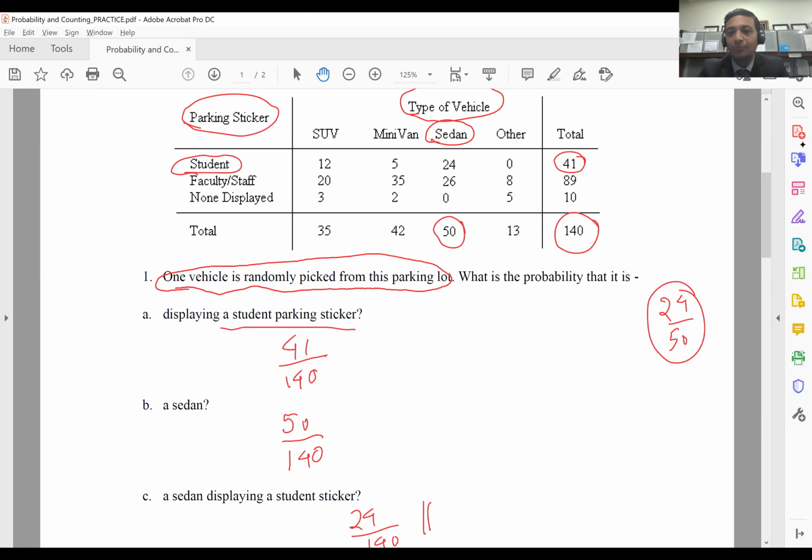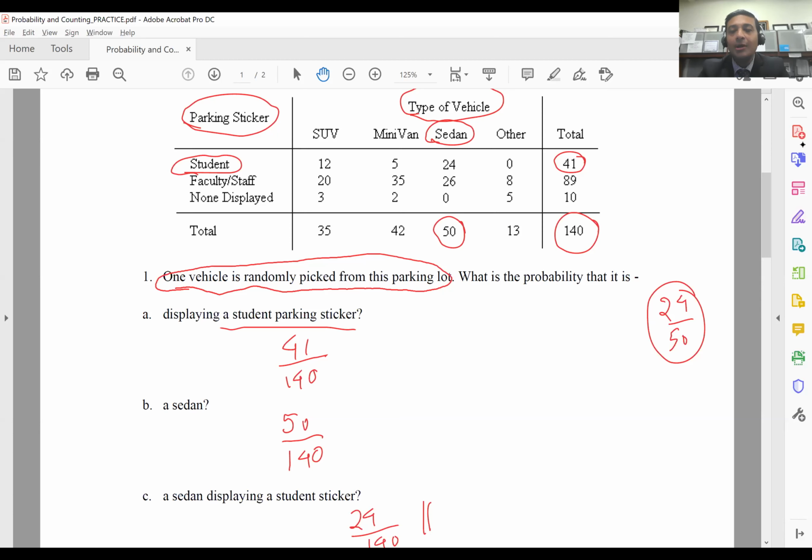And I'm distributing this poison. It's open to anybody else in the class, not just for Tim. Dr. B, would it be the conditional probability of a sedan having a student parking permit?